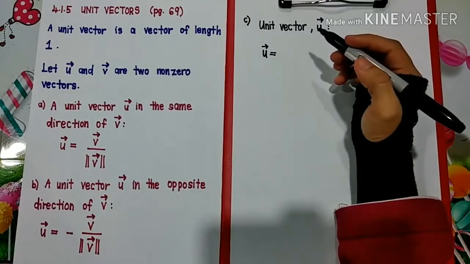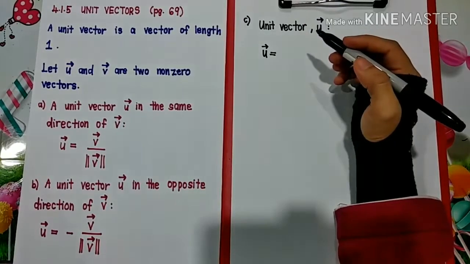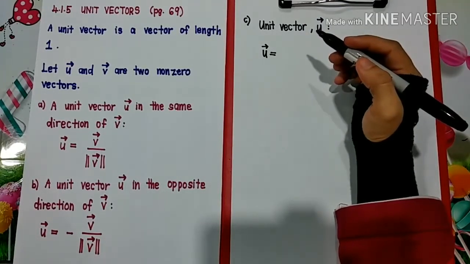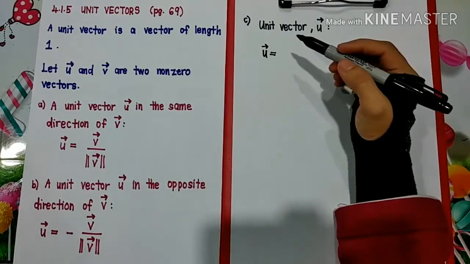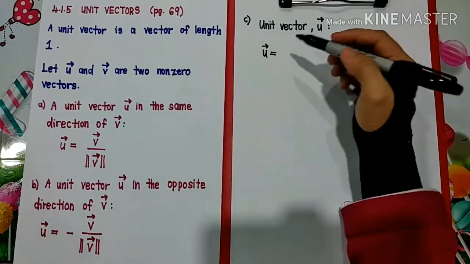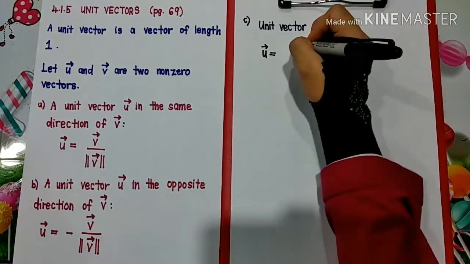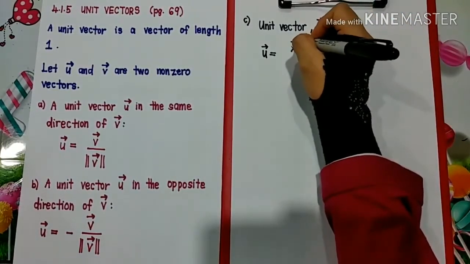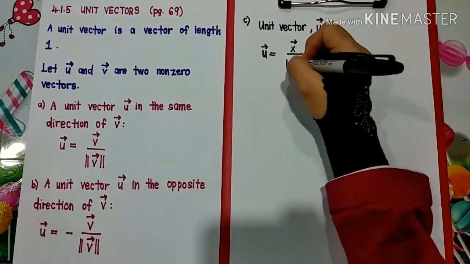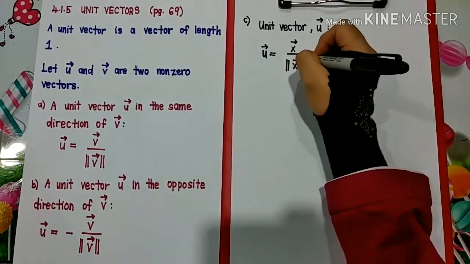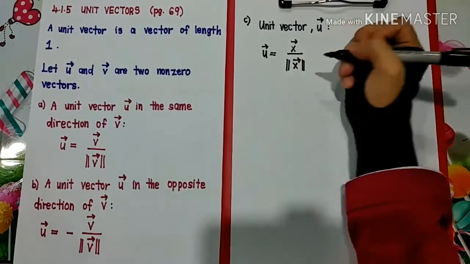If the question mentions neither opposite nor same, it means the same direction. So see here, in the same direction as x, u here equal to vector x divided by the magnitude of the vector x.